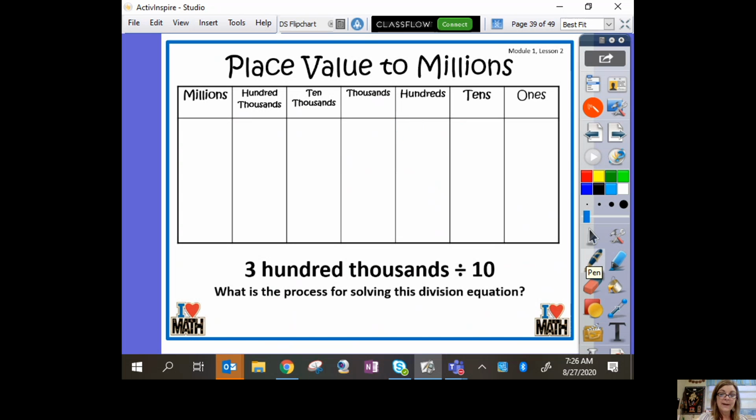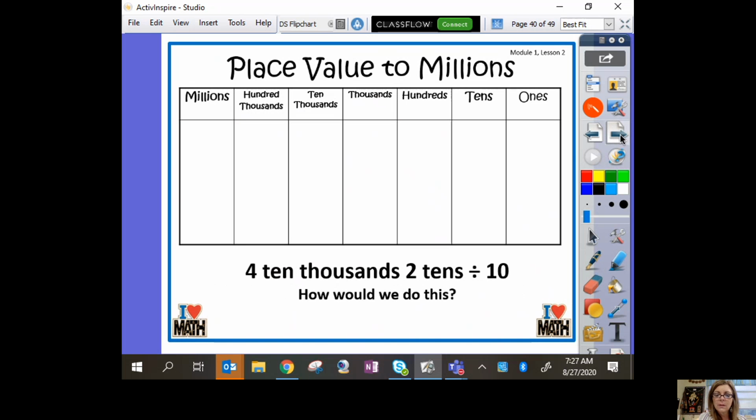So on this place value chart right here, we're going to do 300,000s divided by 10.